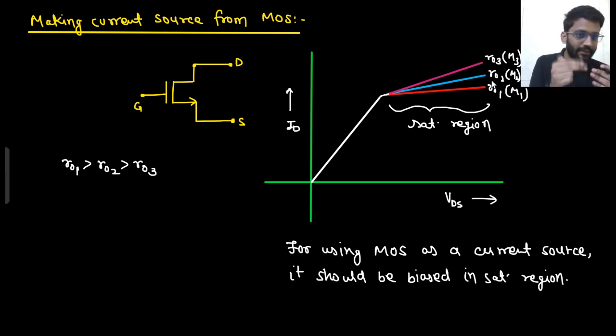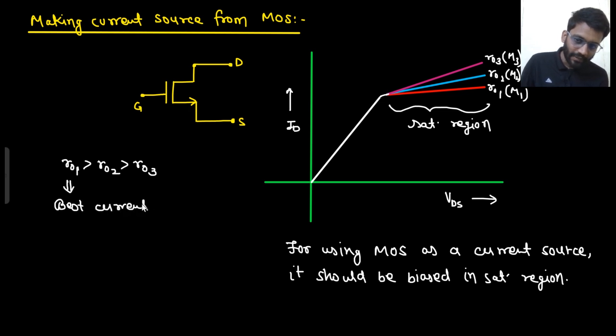In M2, R out is lower than R01. And in M3, R out is lower than R01 and R02. So this is the highest R out, that means this is the best current source. So M1 is the best current source.